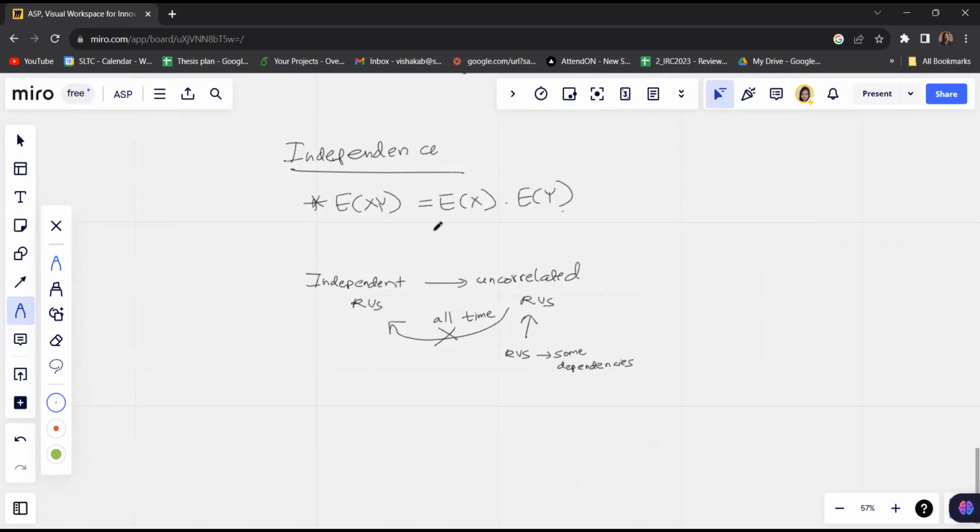So that is basically regarding independent random variables, uncorrelated random variables, and also orthogonal random variables.